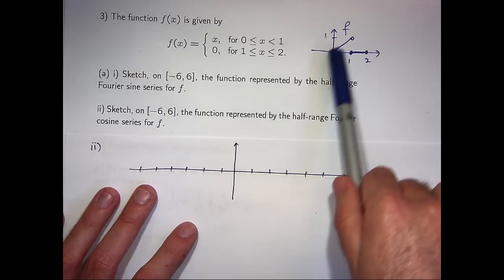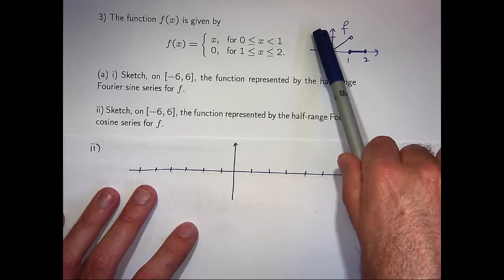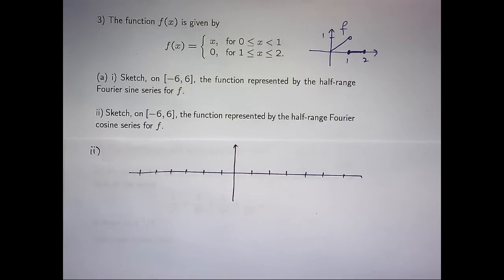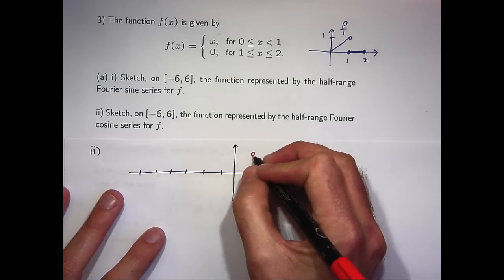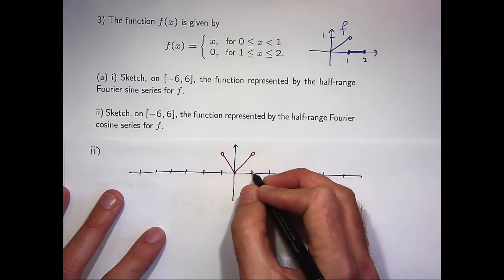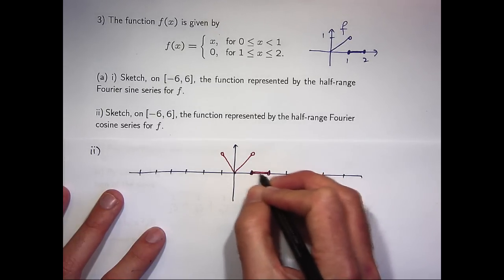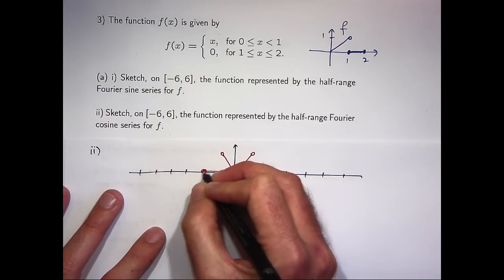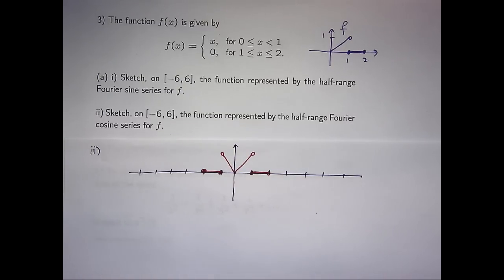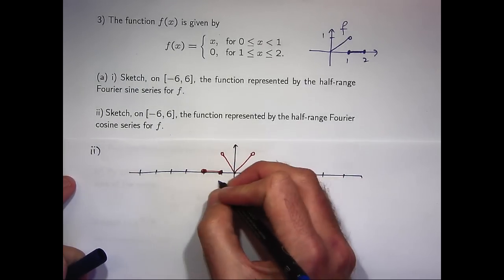Okay, so what we would do, we would come down here and then go back up, and this would just sort of be the same along the axis, from -1 to -2. Right, so I guess that's what we're starting with.